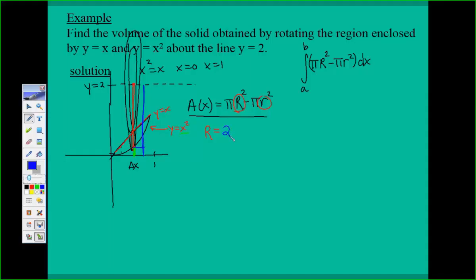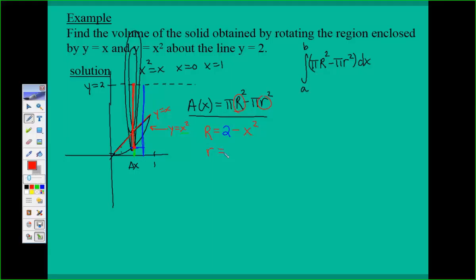So we'd have 2, and then we're going to subtract off this piece to leave us the distance from the center of rotation to the outside of the function. That would give us big R. So we'd have 2 minus x squared. That's our big R.